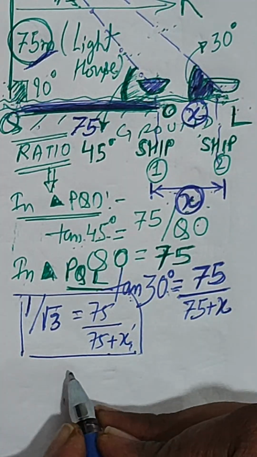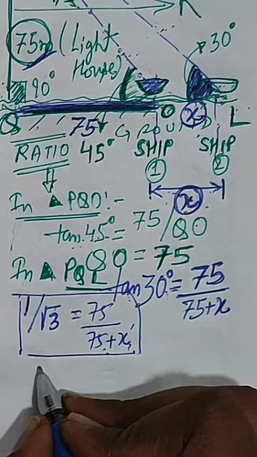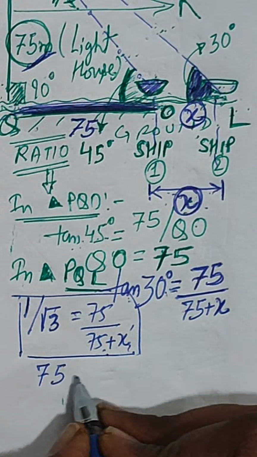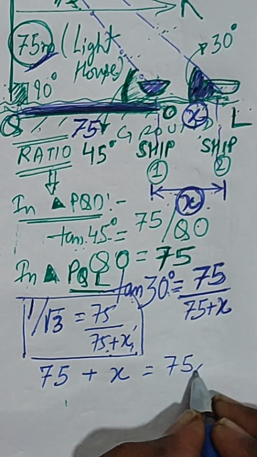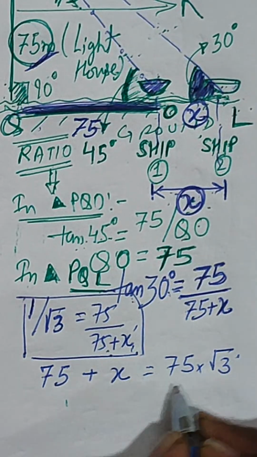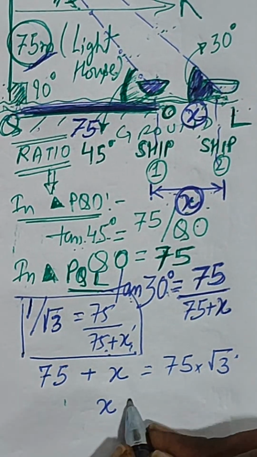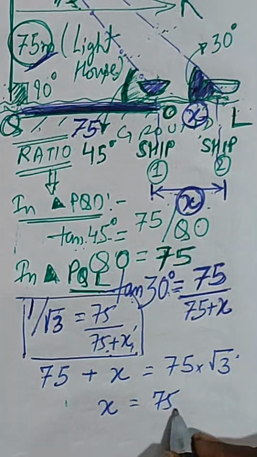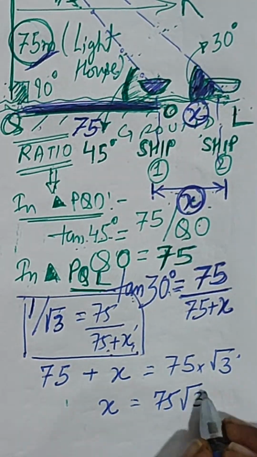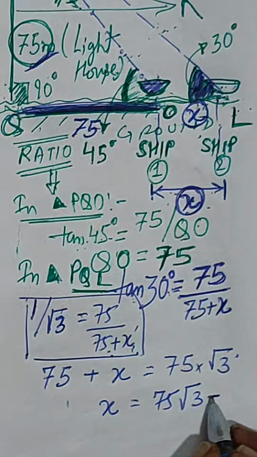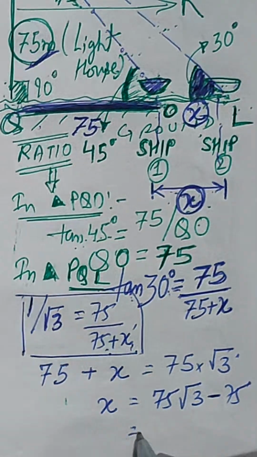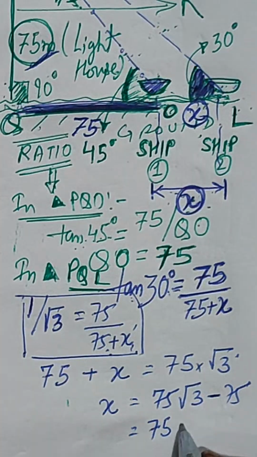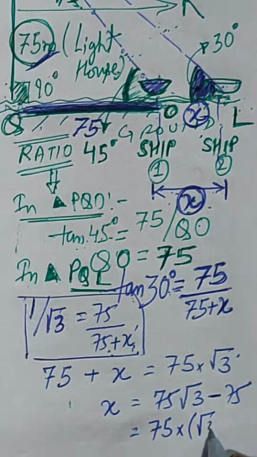So when you do cross multiplication, 75 plus x is equal to 75 times root 3, and this will give you the value of x as 75 times root 3 minus 75, which is equal to 75 into root 3 minus 1.